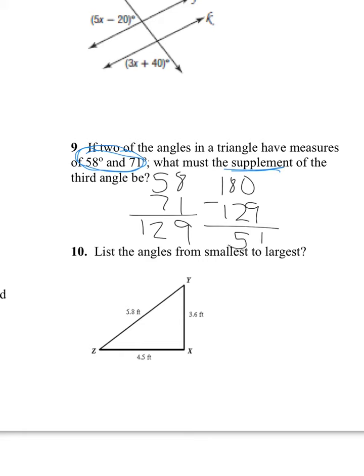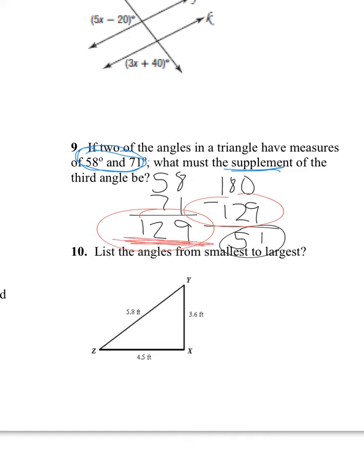Okay, so the third angle would be 51. But like we said, they don't want the third angle, they want the supplement. What makes 180 with 51? Well, we've kind of just figured that out, right? We added those two, we subtracted that from 180. That is a supplement. This is our answer.